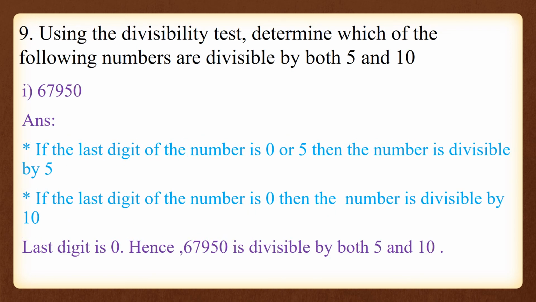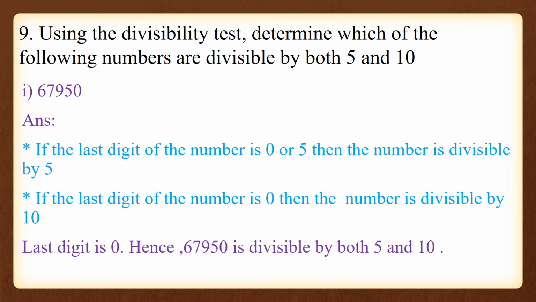Next question, using the divisibility test, determine which of the following numbers are divisible by both 5 and 10. The first question is 67,950. We are going to check whether this number is divisible by both 5 and 10 using the divisibility test. So the divisibility rule for number 5 is, if the last digit of the number is 0 or 5, then the number is divisible by 5.